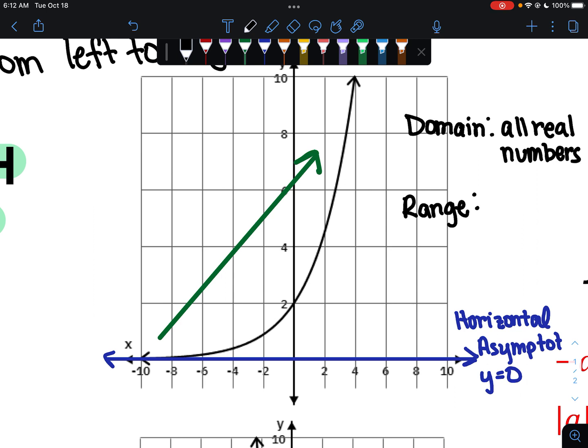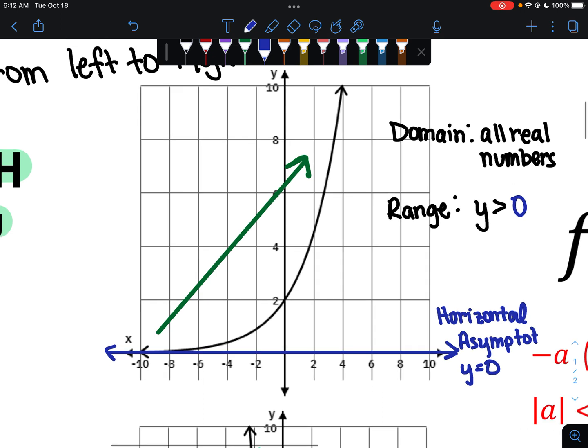So all of our values are greater than our horizontal asymptote. So we would say y is greater than 0, which is the horizontal asymptote. Okay, I hope you can identify your y-intercept. It's crossing at 2. Your x-intercept, it does not have one because of the asymptote.